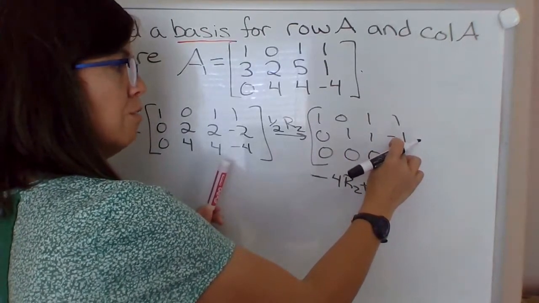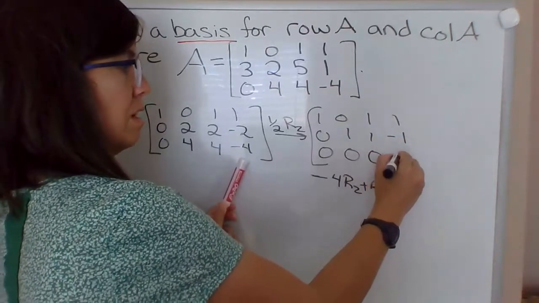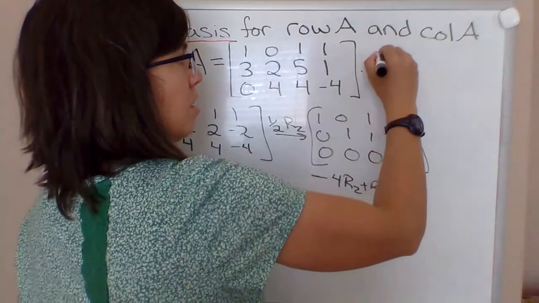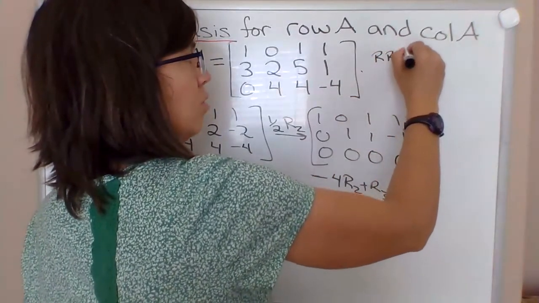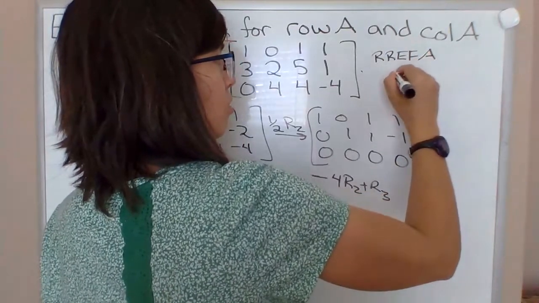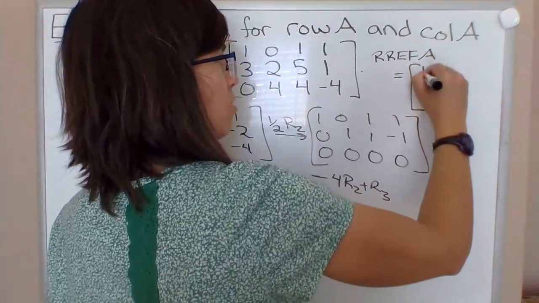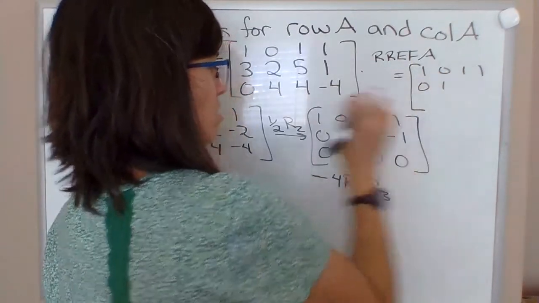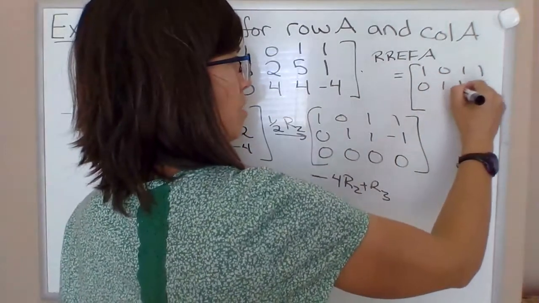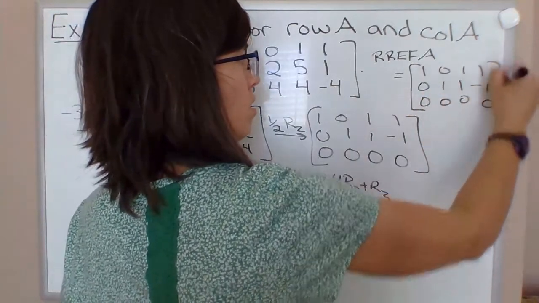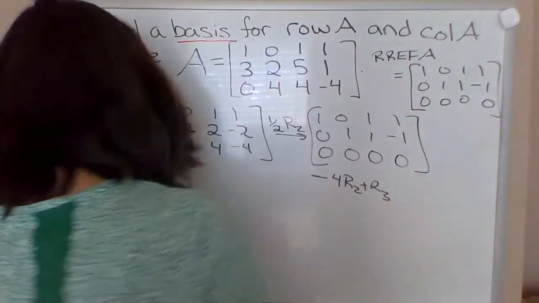And +4, because we'll have -4 times this, so +4 plus -4, so 0. And then there is the reduced echelon form of A. It turns out to be this matrix here. I'm just copying it so I can erase this space here and use it to explain our next steps. Okay, so there's your reduced form.